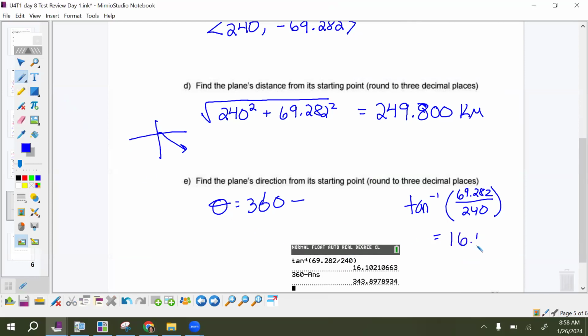All right, reference angle. So the direction is 343.898 degrees.